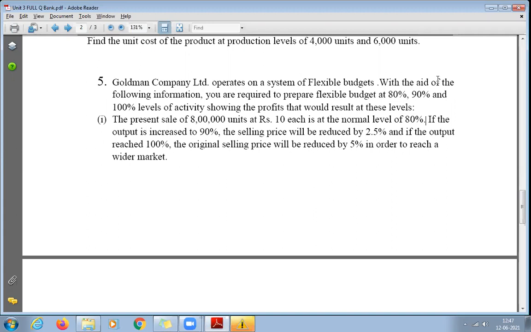How much? 0.25. So we have to minus that from that selling price, and we'll get selling price for 90% level. And for 100% level, it will be reduced by 5%. Anyways, we'll show that when I'm doing the calculation part.